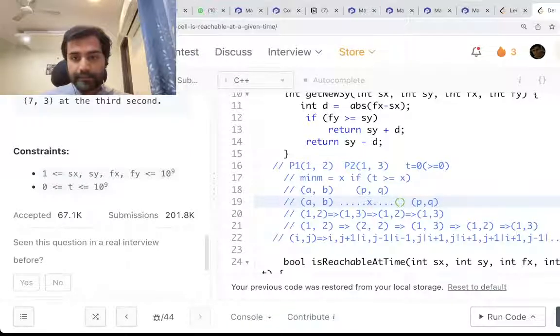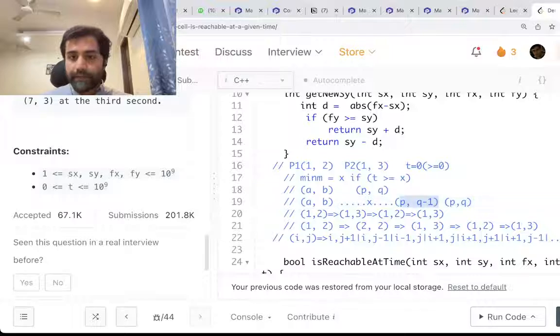Let's say the point where you came from was p comma q minus 1. Now from here to here, how many steps would have been there? x minus 1 steps, right? Because if the total number of steps from here to here is x, that means from here to here it must have been x minus 1.